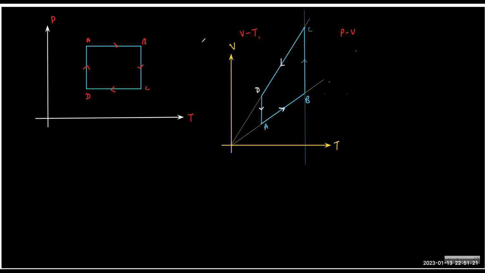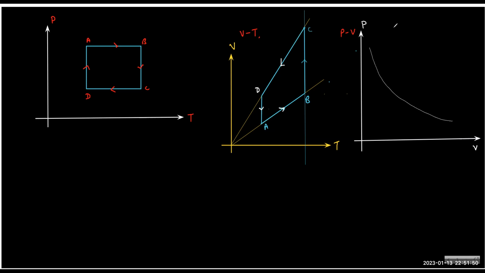How will the PV diagram look? In PV, the isotherms will be, you know the answer, hyperbolas.